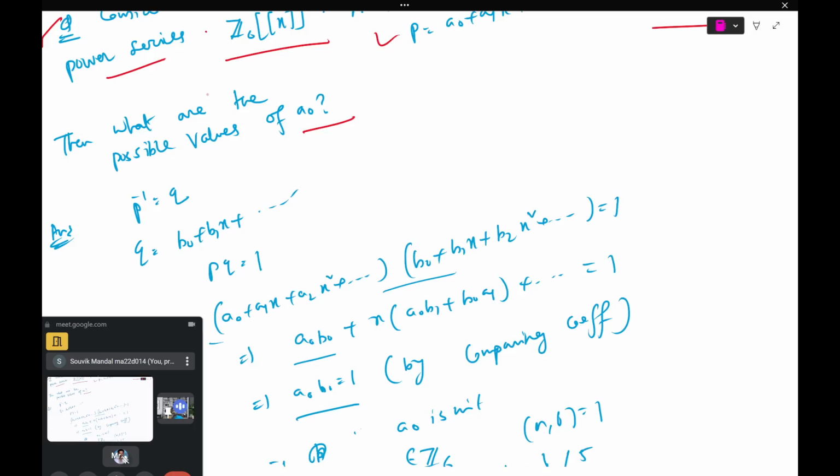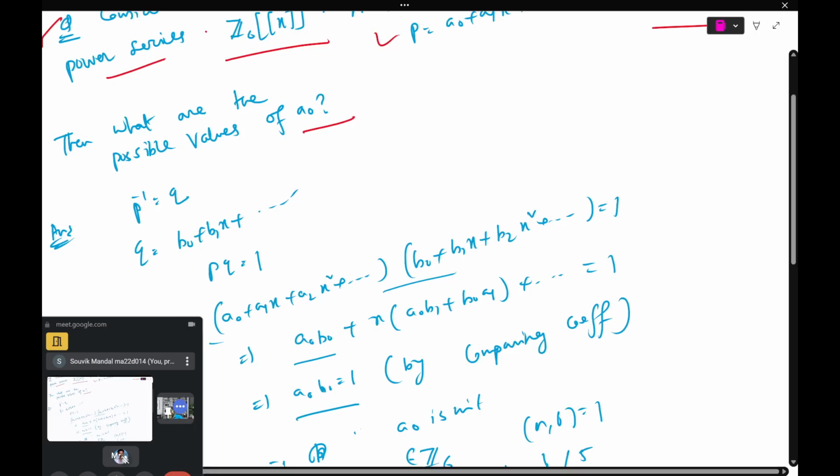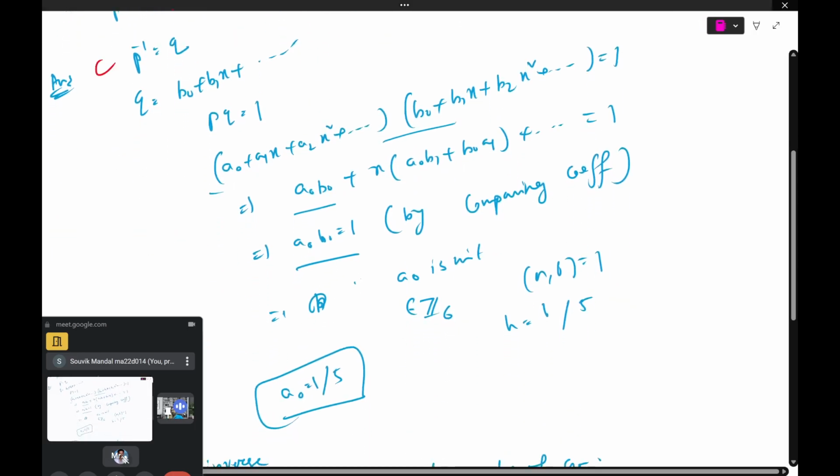The way of solving is to use the information that the given polynomial is a unit. Since p is a unit, we assume that the inverse of p is q, and let q be of the form b0 plus b1x plus dot dot dot.